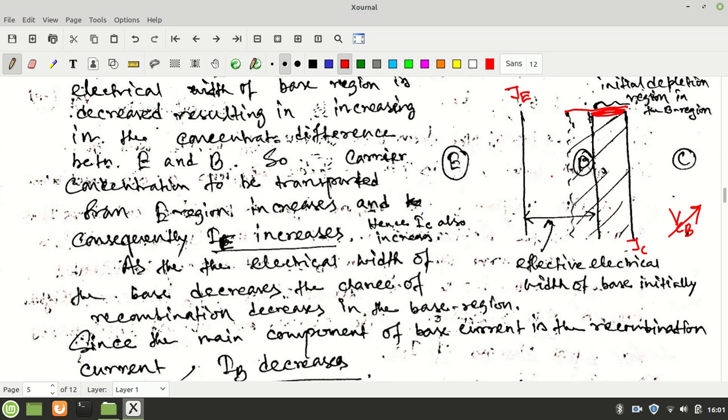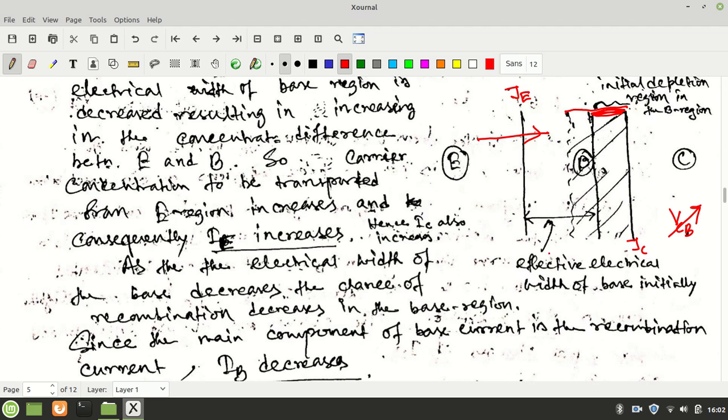So the base current should also decrease, because the recombination component of the current coming from the emitter region will decrease. Since the effective width of the base decreased, the recombination chance of those current carriers will decrease again. That will decrease the net recombination current in the base region, and you know the main component of the base current is the recombination current.